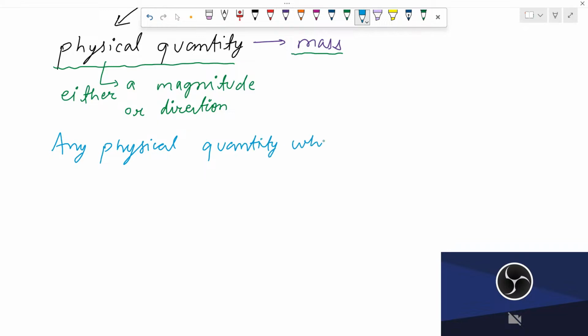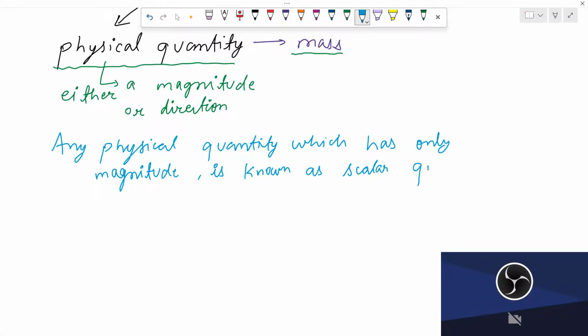Any physical quantity which has only magnitude is known as scalar quantity. Is it clear?